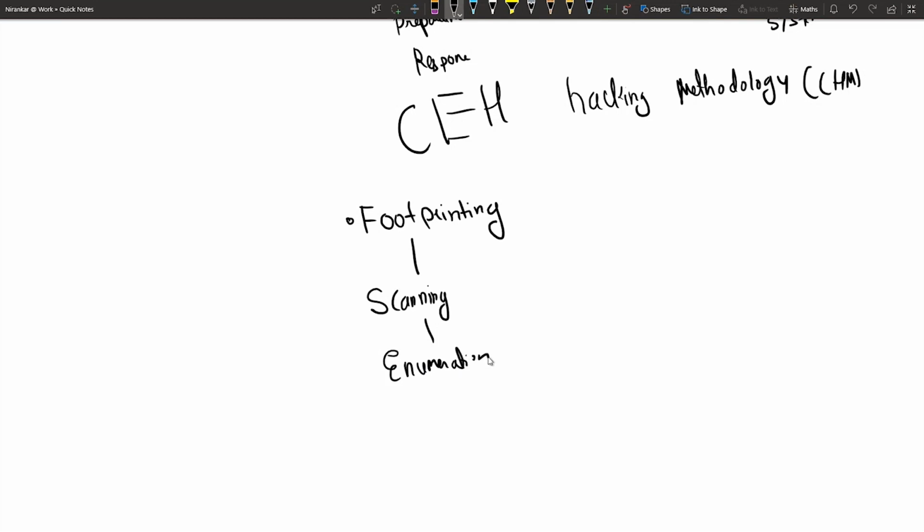So don't take tension if you are not clear with any of the topic. We'll go with one by one. And this is the whole chapter about footprinting, scanning, enumeration, and vulnerability analysis. So this is the flow diagram. Then we'll go with system hacking.